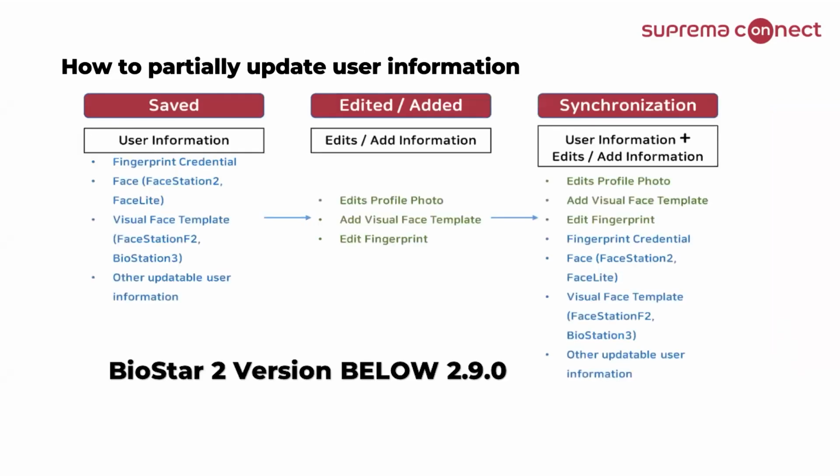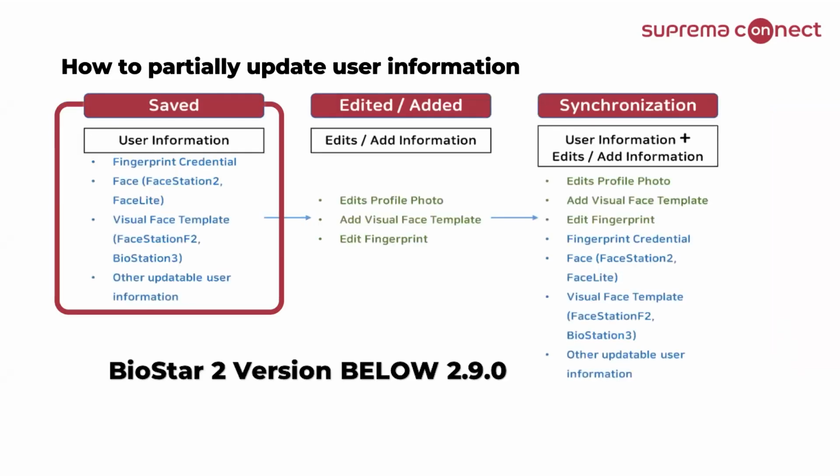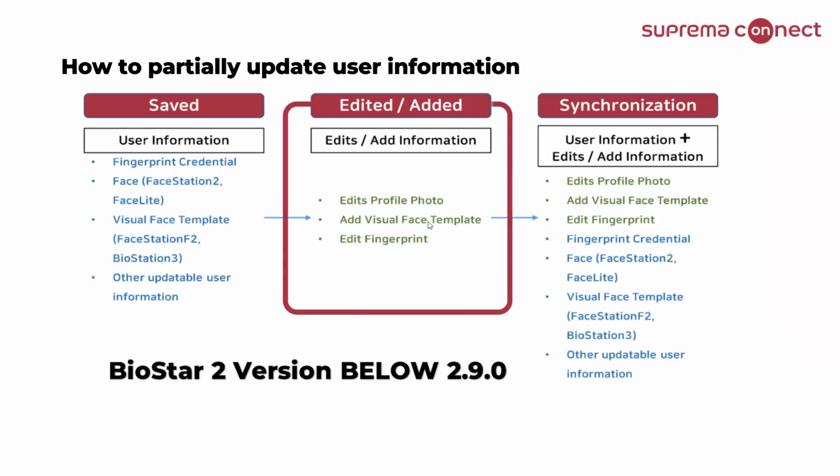How to partially update user information. Now, let me show you the difference between what we mean by partial updates on the 2.9.0 version. In the past, let's say you already have a user with certain information saved already. Now, you only simply added the profile photo or you added a visual face template and added a fingerprint.